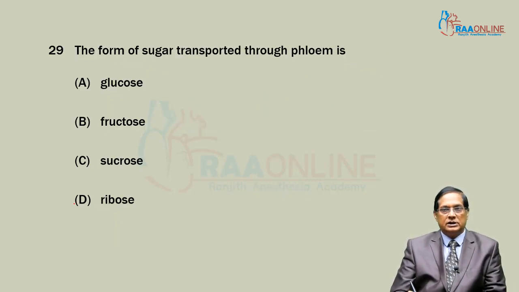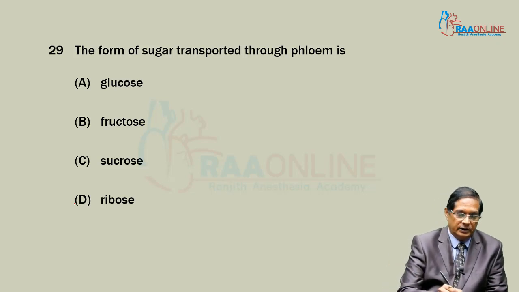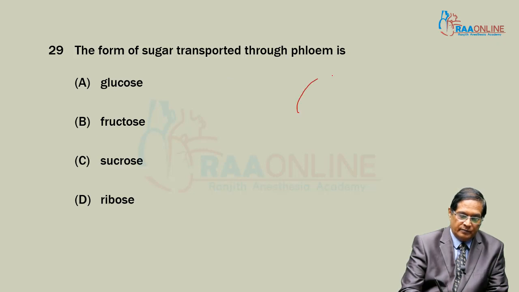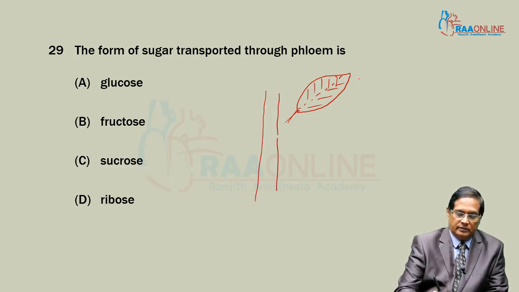29th, sugar transported through phloem. Sugar is formed in the leaves. Green leaves are the site of formation of sugar. And by the process of photosynthesis, hexose sugars are formed.